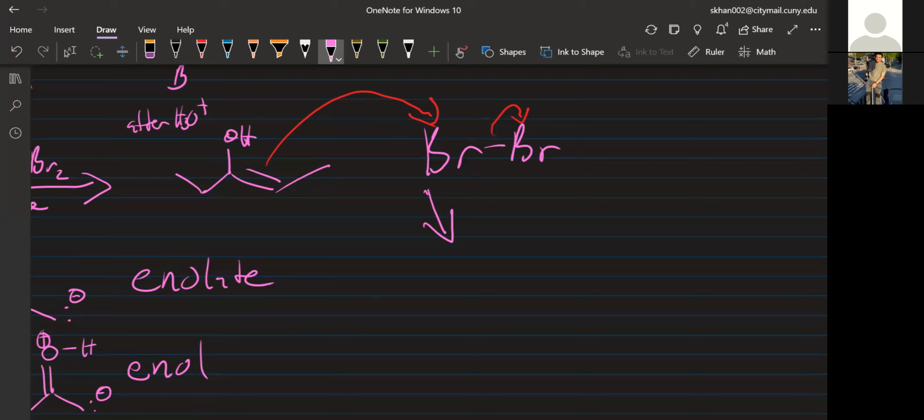And now we have, I guess technically, we would probably have to push electrons because it wouldn't make sense to form a positive charge there. So this would go like this. Yep, that attacks. Then your next product will look like this.